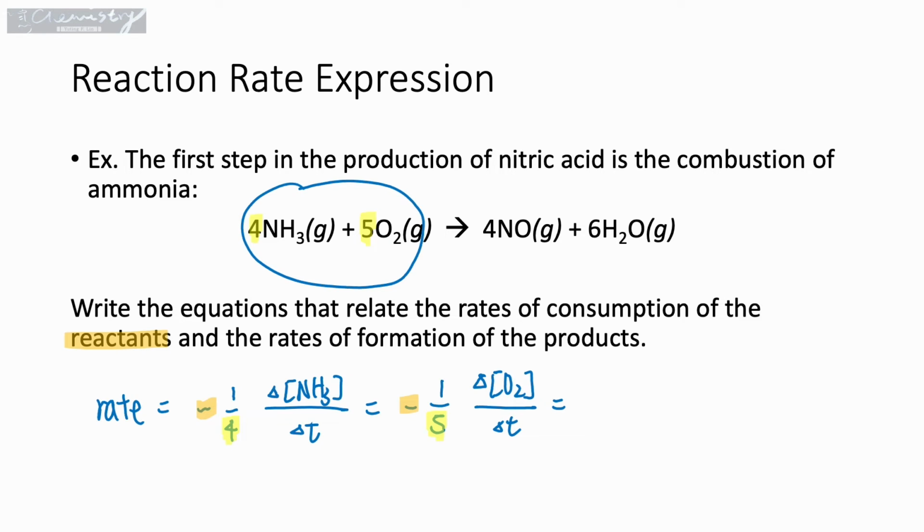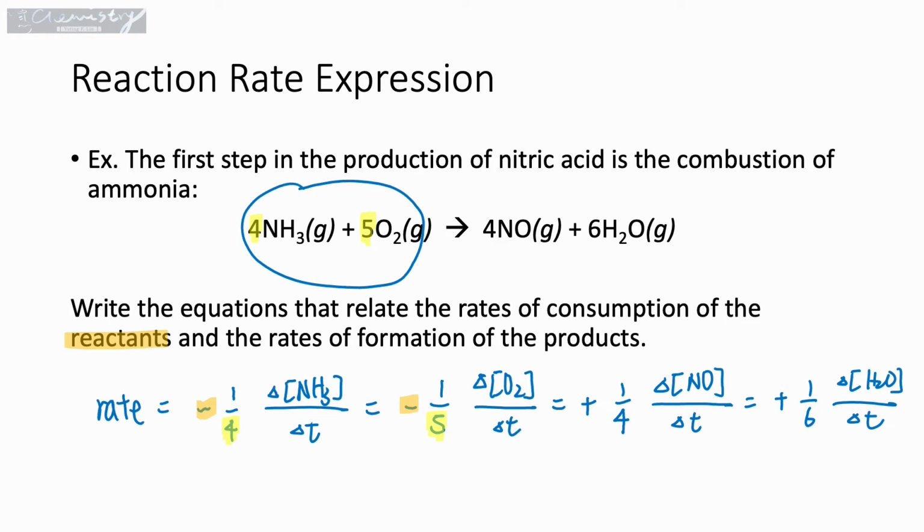Therefore it in turn will also be reflected in the change in concentration because the ratio persists. And for the products, we are looking at the formations, so their change in concentration will be positive, and the proportion is also following the coefficients because we are looking at a balanced chemical reaction.